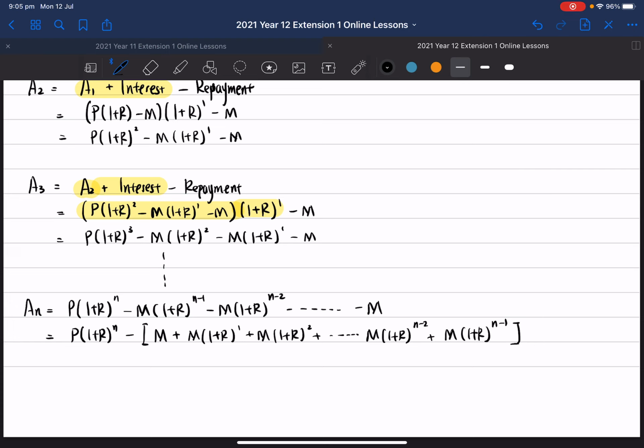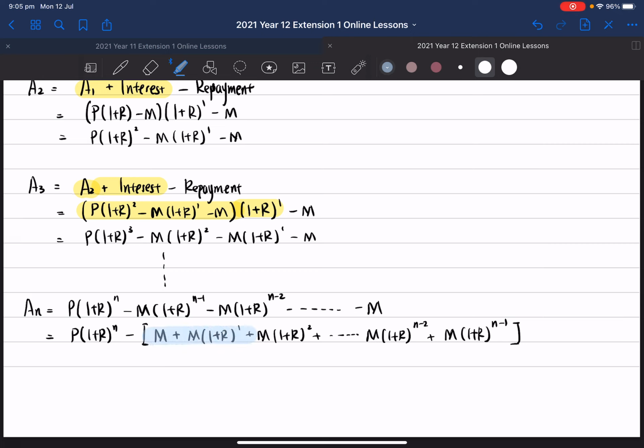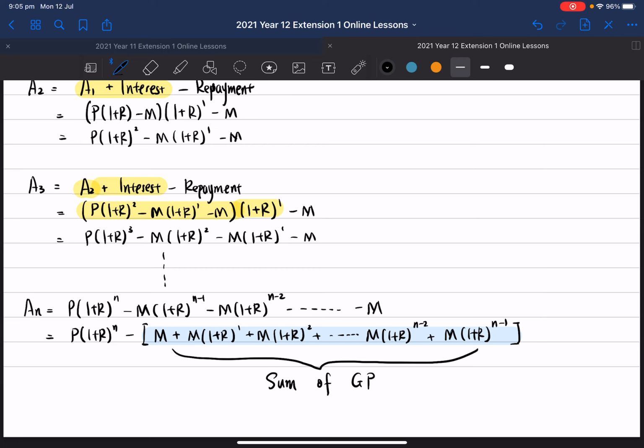All right, now with all of the terms here, let me just highlight this part. This is a typical example of a GP, a series of a GP. So what we need to do is find the sum of this GP. All of those is the sum of a GP.